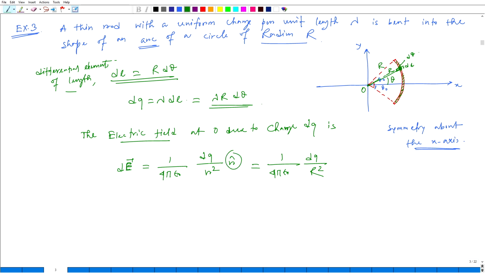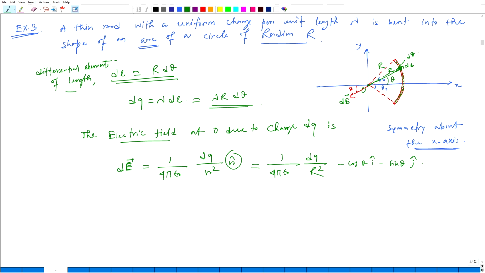If we draw the electric field line at point O, it is in this direction. This is theta, and this one is also theta. Now we split into i cap and j cap, projected onto the x axis and y axis. So this r cap becomes minus cos theta i cap minus sin theta j cap, because this is the electric field vector dE.